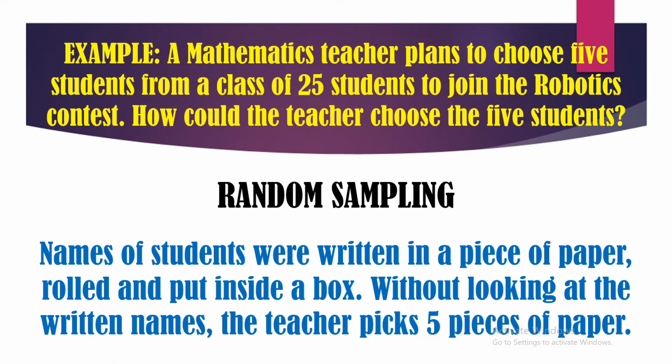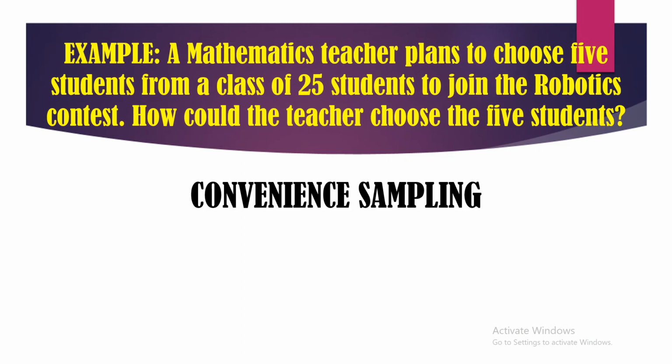Without looking at the written names, the teacher picks 5 pieces of paper. That is an example of random sampling. There is no bias. All the members of the population have an equal chance of being selected.